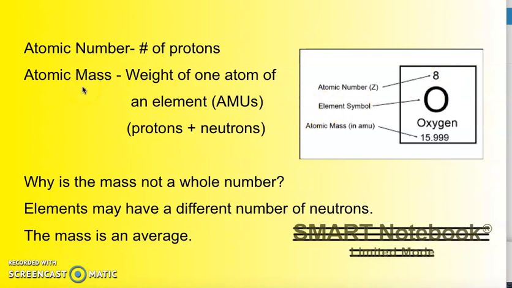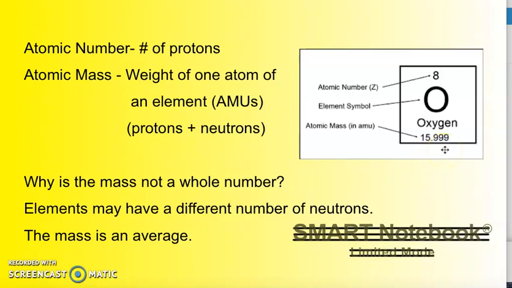Now, the atomic mass is the weight of that one atom of the element. So you had in one atom 8 protons, and the weight of it is 15.999. Now, if you have 8 protons and 8 neutrons, that adds up to 16. So you may wonder, why is it 15.999?